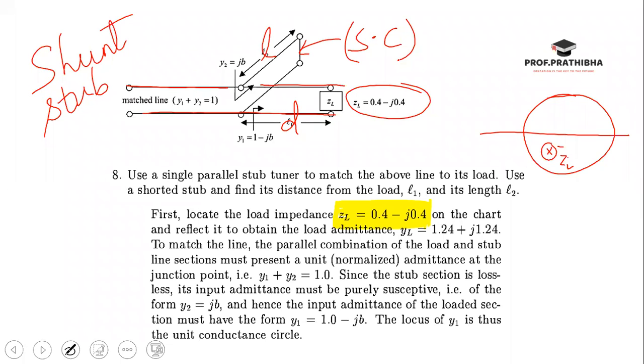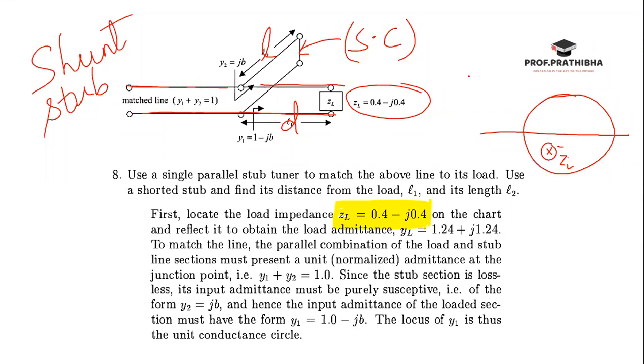Whenever I do a series stub, I will follow the impedance values. I repeat once again, whenever I am solving a shunt stub, I will follow the admittance values. I will tell you what I mean by that. So just write that in shunt stub, follow admittance, and in series, follow impedance values.